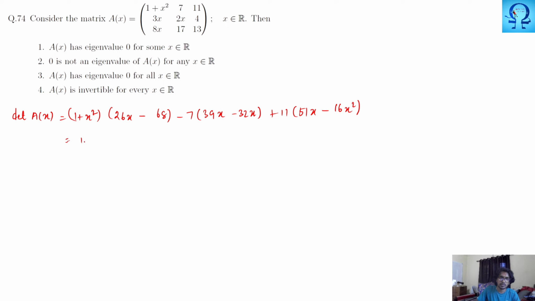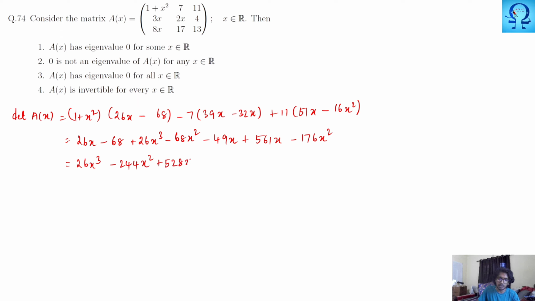So it is 1 plus x, I can multiply it inside. 26x minus 68 plus 26x cube minus 68x square, minus 7 times of 7x, so it is minus 49x, plus 561x minus 176x squared, and when we simplify it, what we are going to have is 26x cube minus 244x square plus 528x minus 68 equals 0. Sorry, not equal to 0.